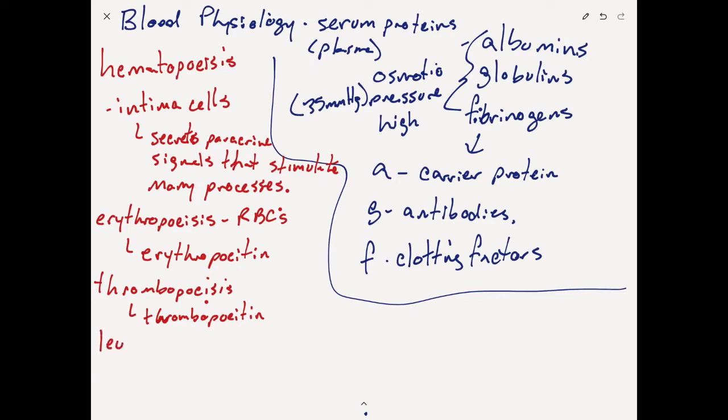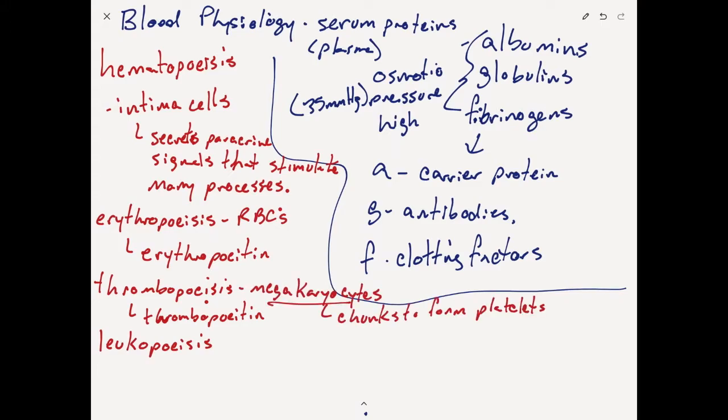process that we can term leukopoiesis, but this is very diverse. Leukopoiesis is the process of forming white blood cells. And white blood cells are varied.